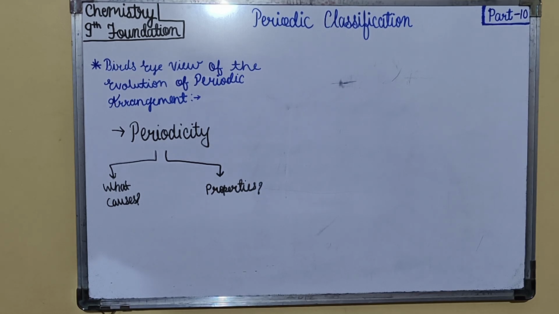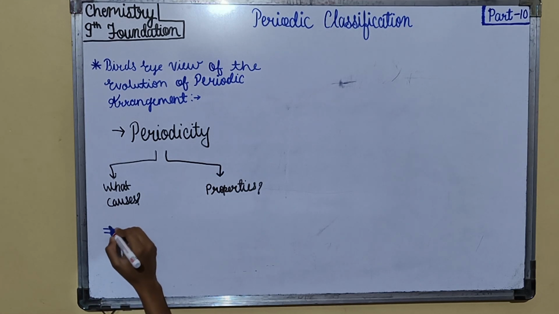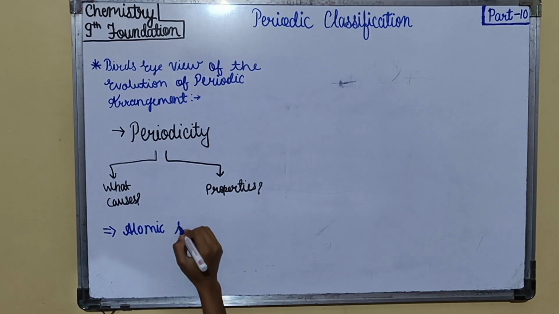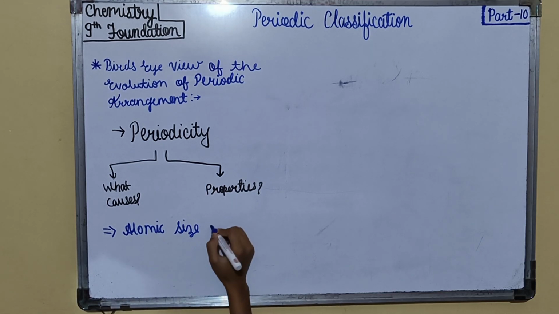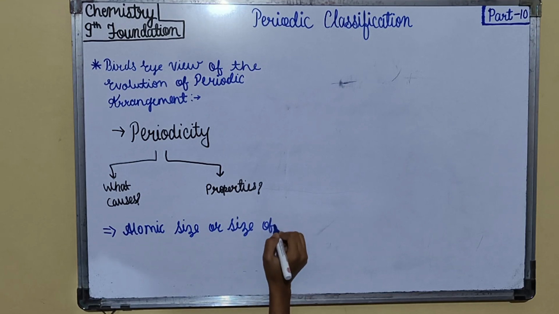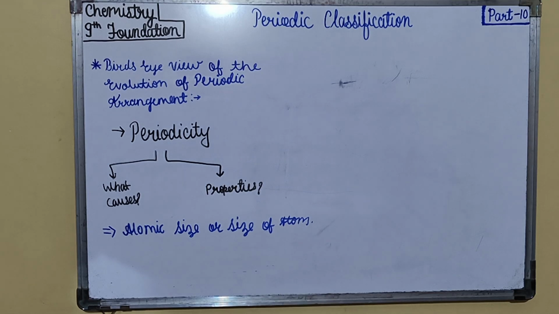First is atomic size, or size of atom. It means the size of an atom is indicated in terms of the radius of an atom, that is the distance from the center of the nucleus to the outermost orbit.